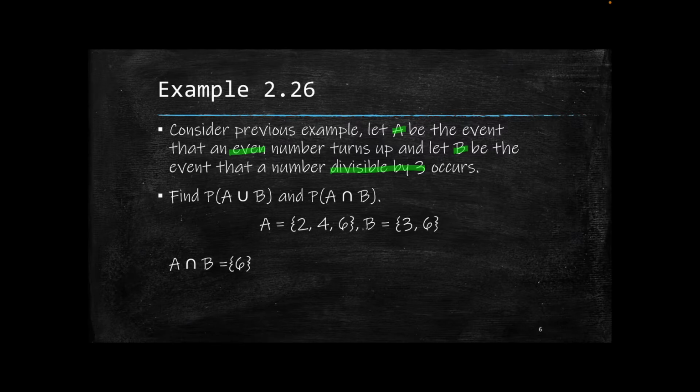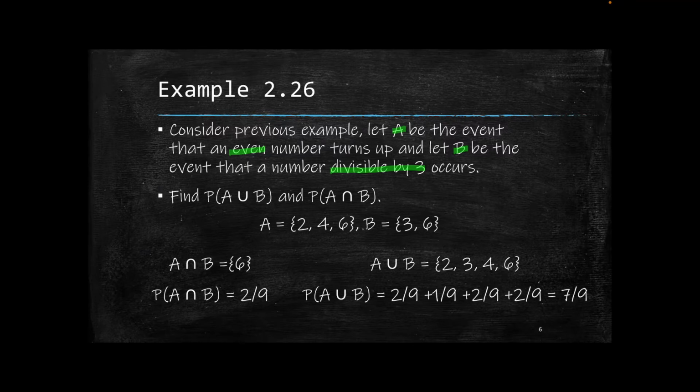By assigning a probability of 1 over 9 to each odd number and 2 over 9 to each even number, we have the event A intersection B with a total of 2 over 9. And then the event A union B has a total of 7 over 9.